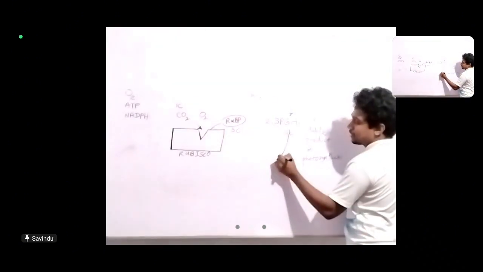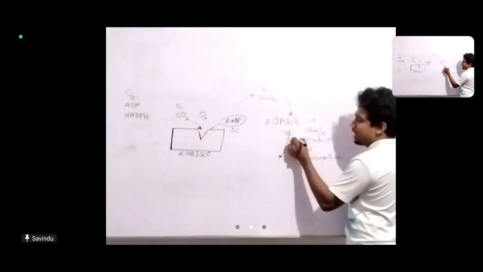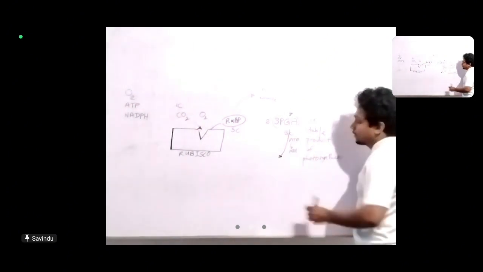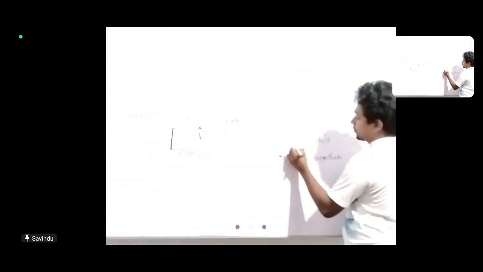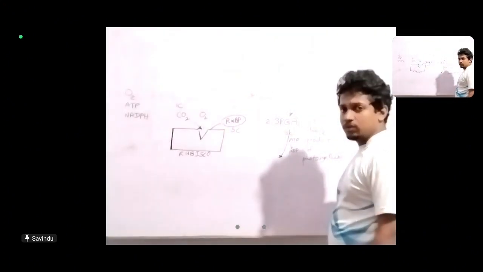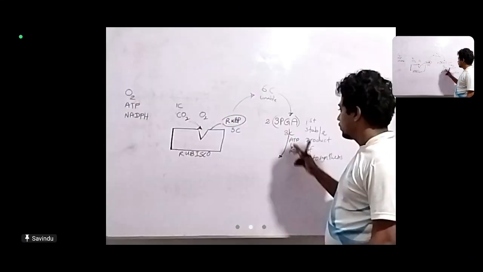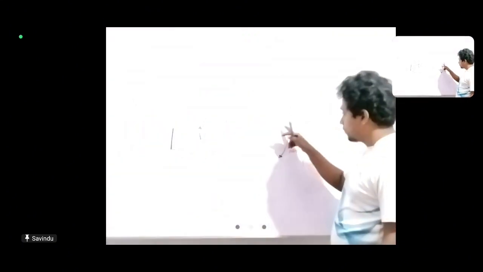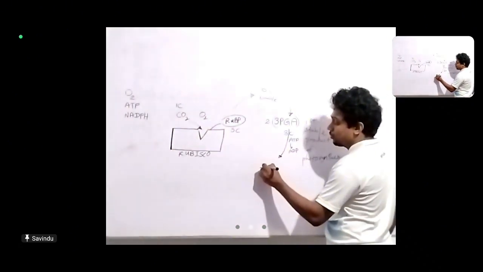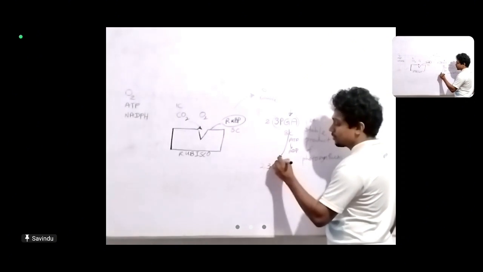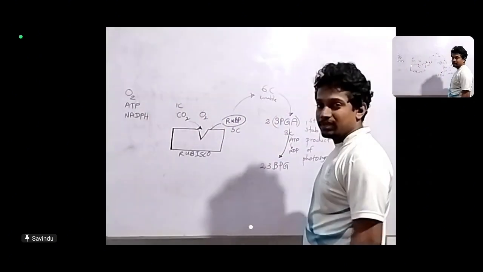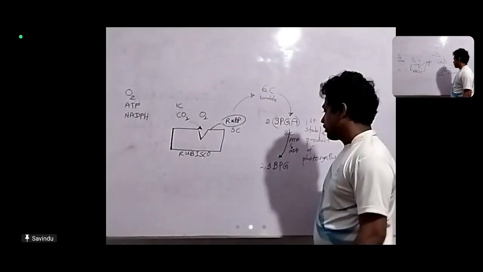With 3PGA, some of the ATP is used, not all. Using some of the ATP, this 3-phosphoglycerate turns into 1,3-bisphosphoglycerate. Is it enough?